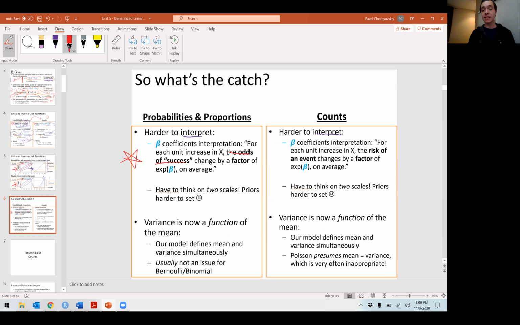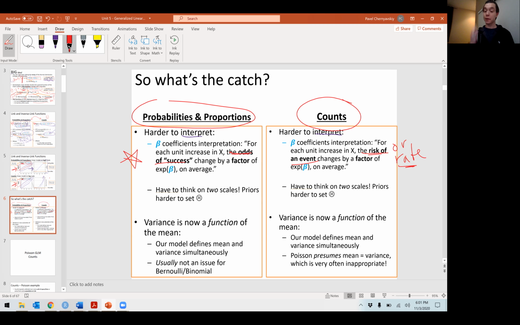And for the counts, it's the multiplicative effect on the risk or rate of an event. Right, so betas now reflect multiplicative changes on the odds of success if you're dealing with probabilities and proportions, or the rate or risk for an event if you're dealing with counts.